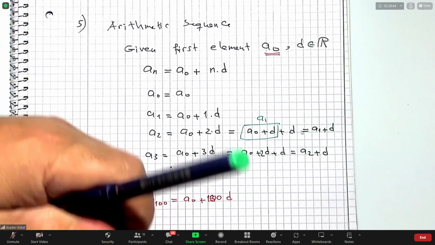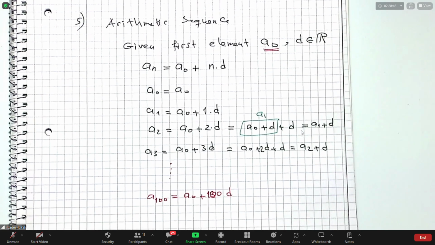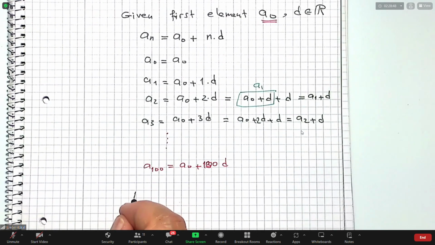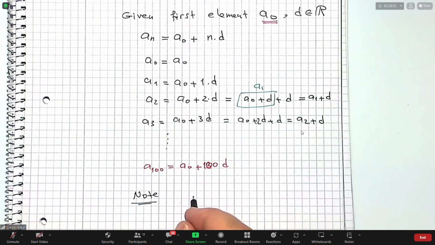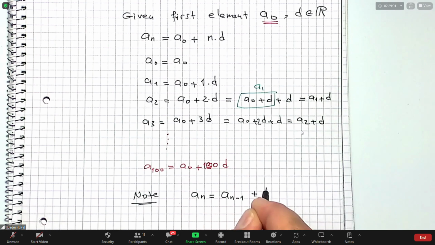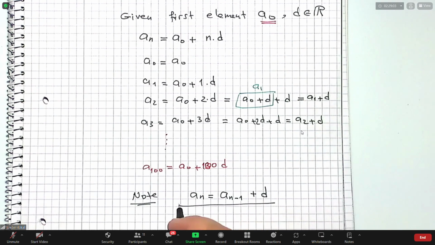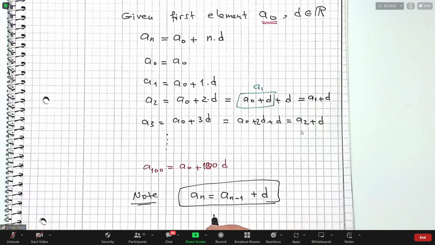Now, notice the following. For such sequences, an is equal to an minus 1 plus d. And this is the recursive formula for this.